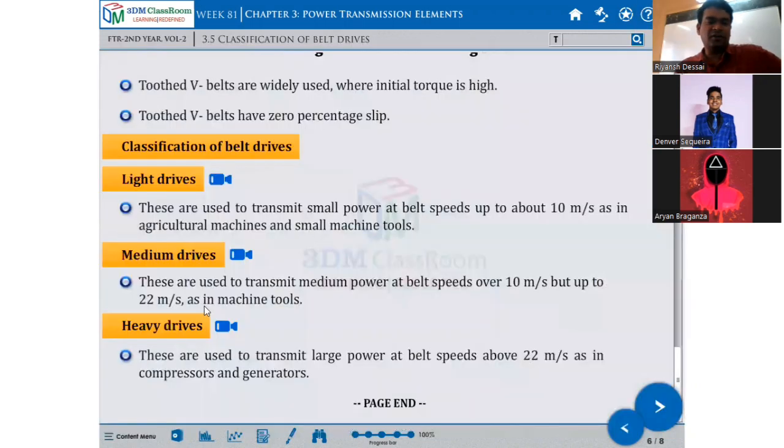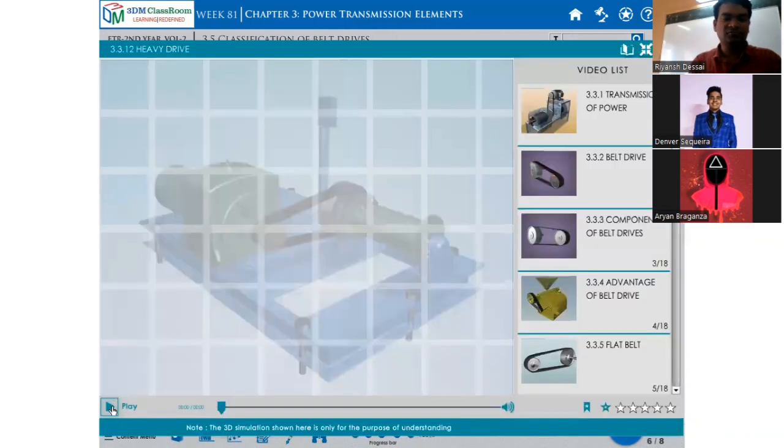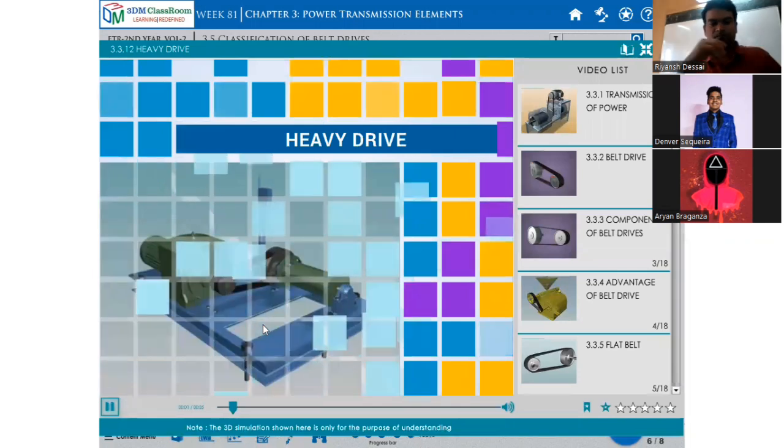And the third is the heavy drive. These are used to transmit large power at a belt speed above 22 meters per second, as in compressors and generators. All big compressors and generators where belt drives are used have the maximum velocity ratio. The speed is about 22 meters per second. They come under heavy drive.